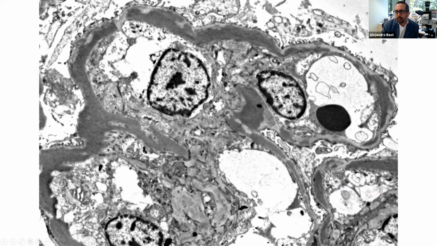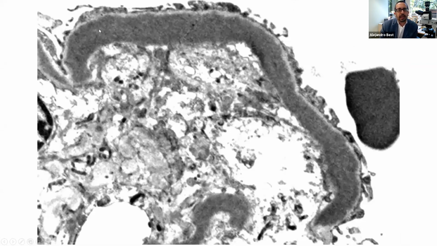And then you have areas that are more normal. And again, you see these very dark deposits or very dark transformation of the lamina densa. And here you have it, and it alternates. You can have some deposits, but it's not as impressive as what we saw with the C3G. Let's look at a higher power, and then you have complete transformation of the basement membrane on this loop.